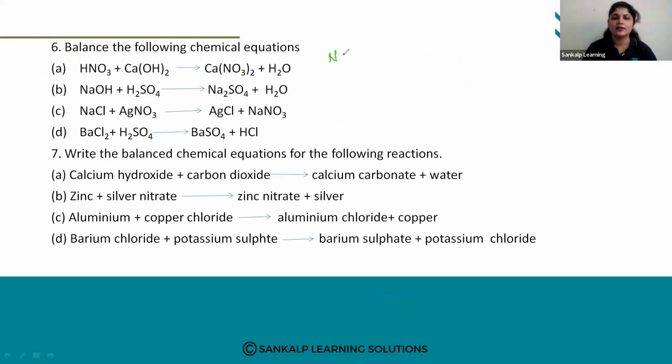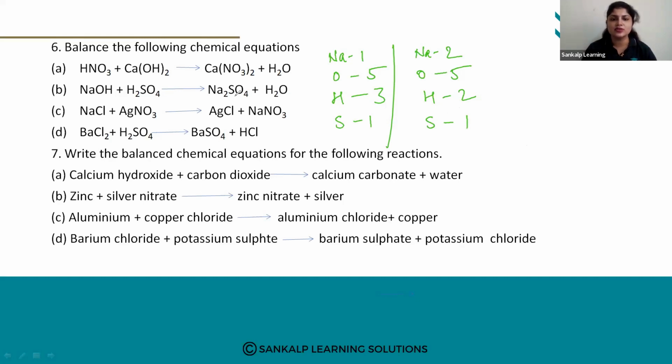Na is how much here? Na is 1 here. Here Na is 2. This side oxygen is 5. Here oxygen is 4, 5. Okay. Hydrogens are 3. Here hydrogens are 2. Then sulfur is 1. Here sulfur is 1.